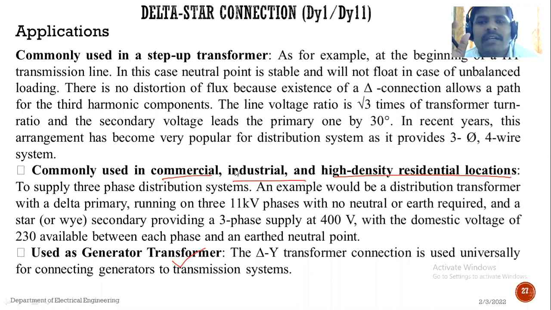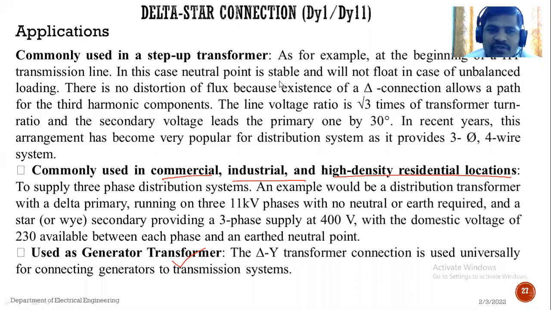So these are the applications of these types of connection, that is delta star 1 and delta star 11. We have discussed delta delta 0 and 6, star star 0 and 6, delta star 1 and 11 today, and star delta 1 and 11 in yesterday's class.